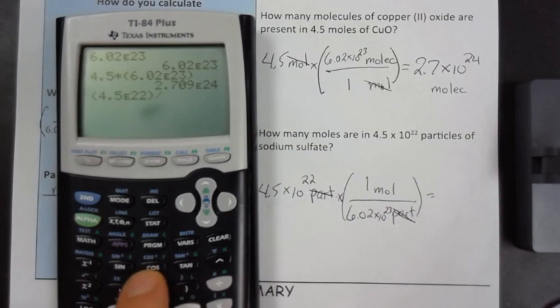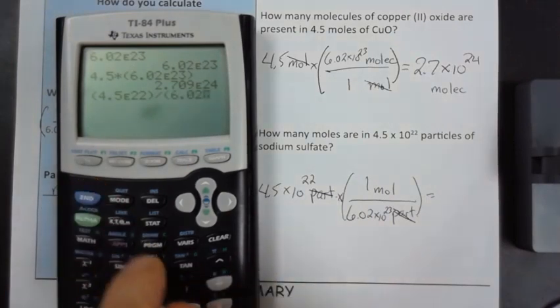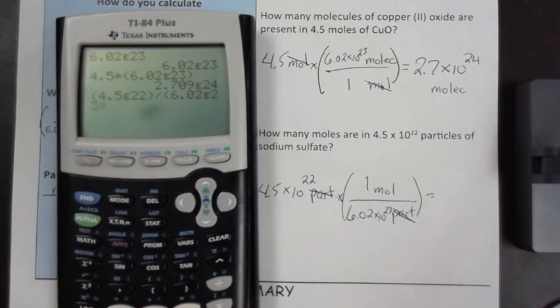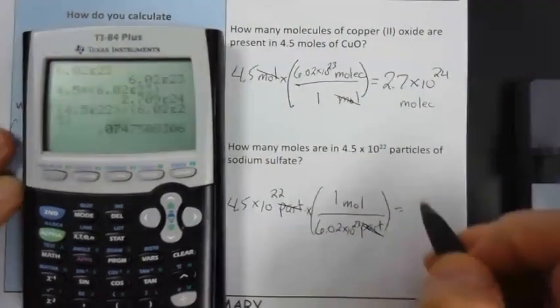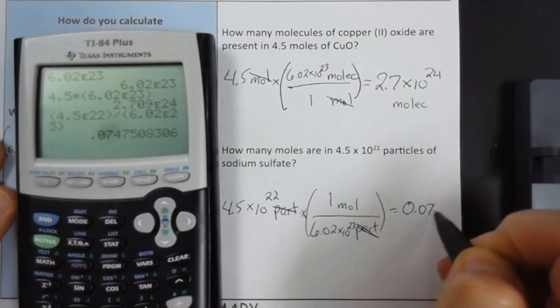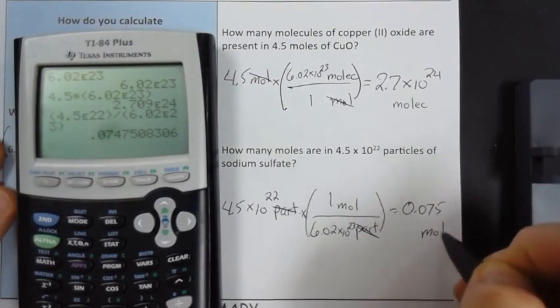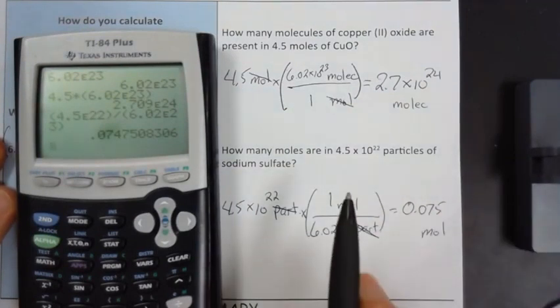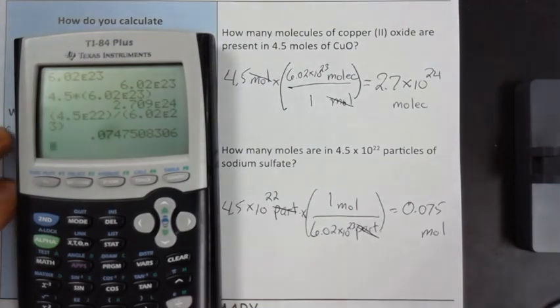So divide, and then another open parentheses, 6.02 times 10 to the 23rd. Close, hit enter, and we get our final answer, 0.0747. So we're going to round that and say 0.075 mol, with the label mol, because that's the only label that's left from our work.